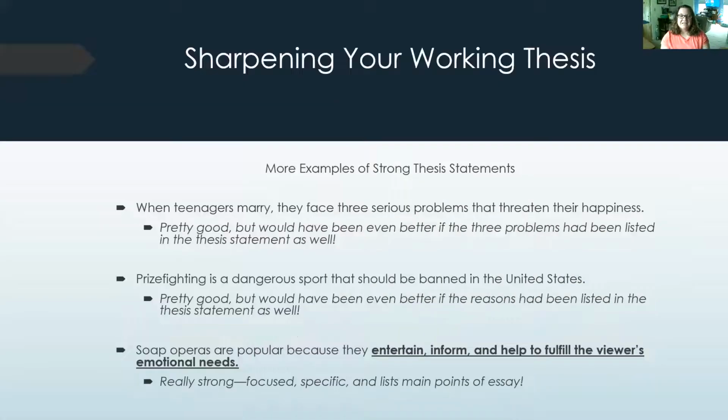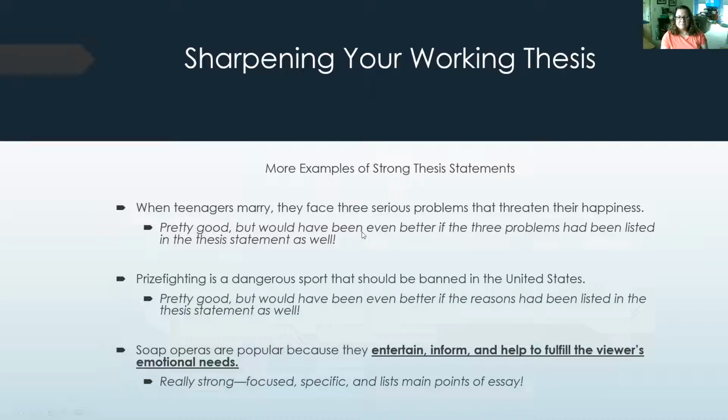All right. So I want to talk a little bit more about these thesis statements, and making sure you understand what makes a thesis statement a good thesis statement. And keep coming back to those two words, focused and specific. So we have an example right here.